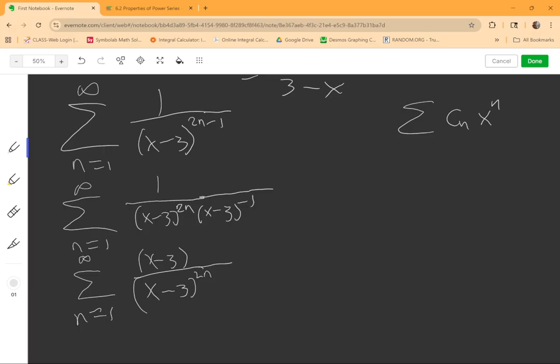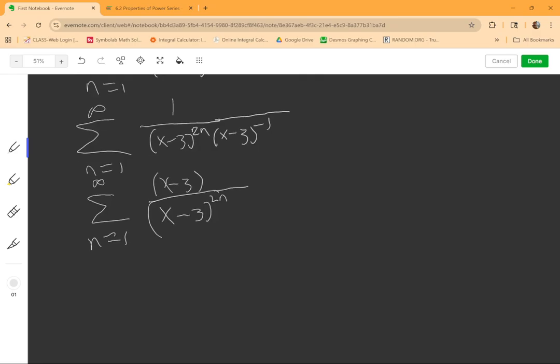Okay, and then noticing this here, I'm going to rewrite this with the x minus 3 on the outside of the sum, since it doesn't depend on n. n is equal to 1 to infinity, and then here we have 1 over x minus 3 squared to the n.